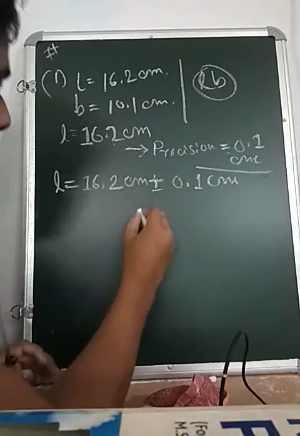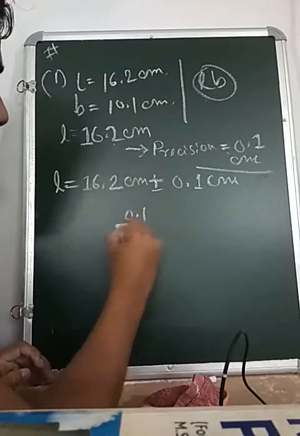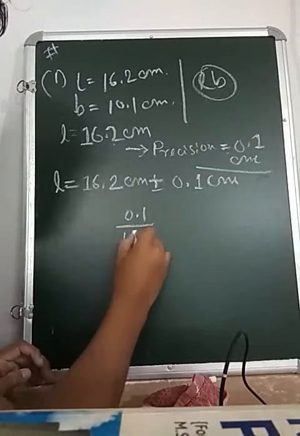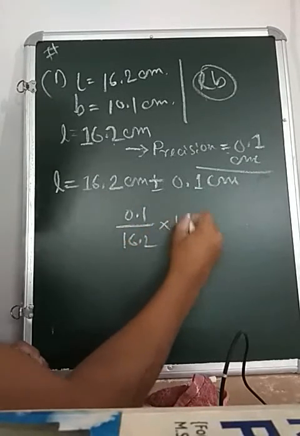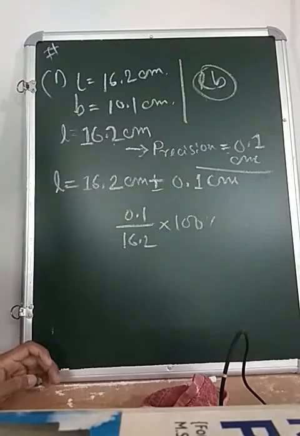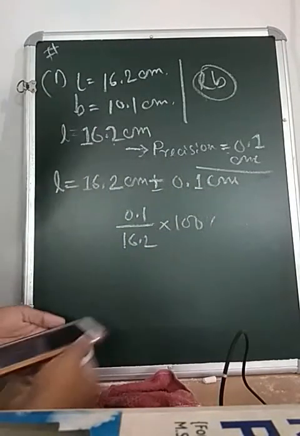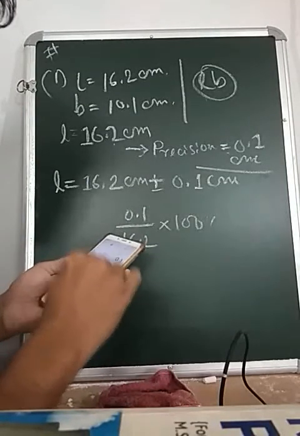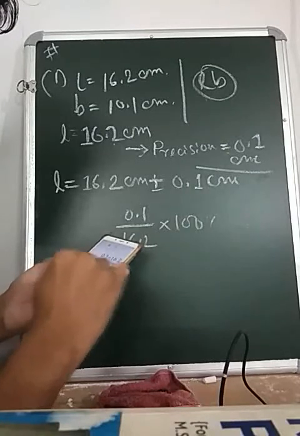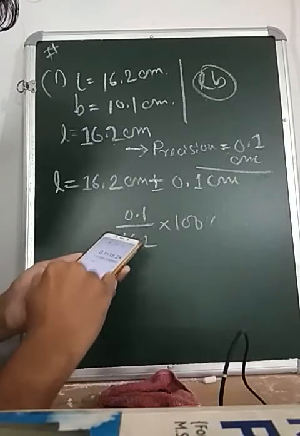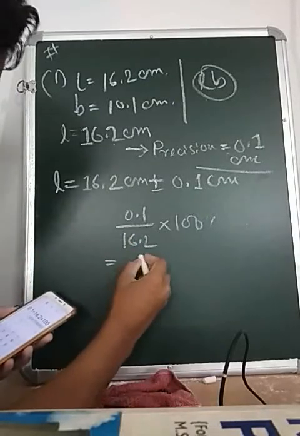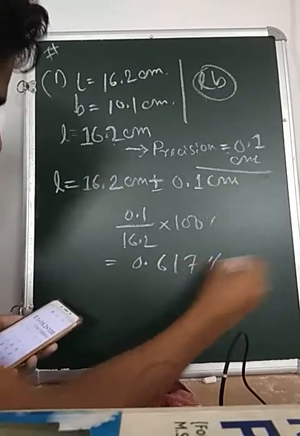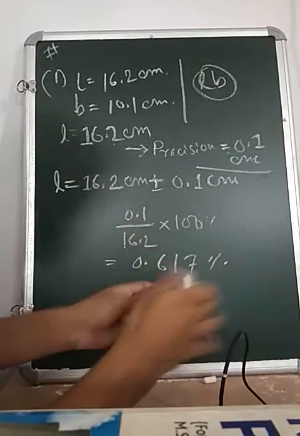The percentage error is the error term divided by the original term, 16.2, into 100%. So 0.1 divided by 16.2 into 100 gives 0.617%, and so on. This is the answer we get.